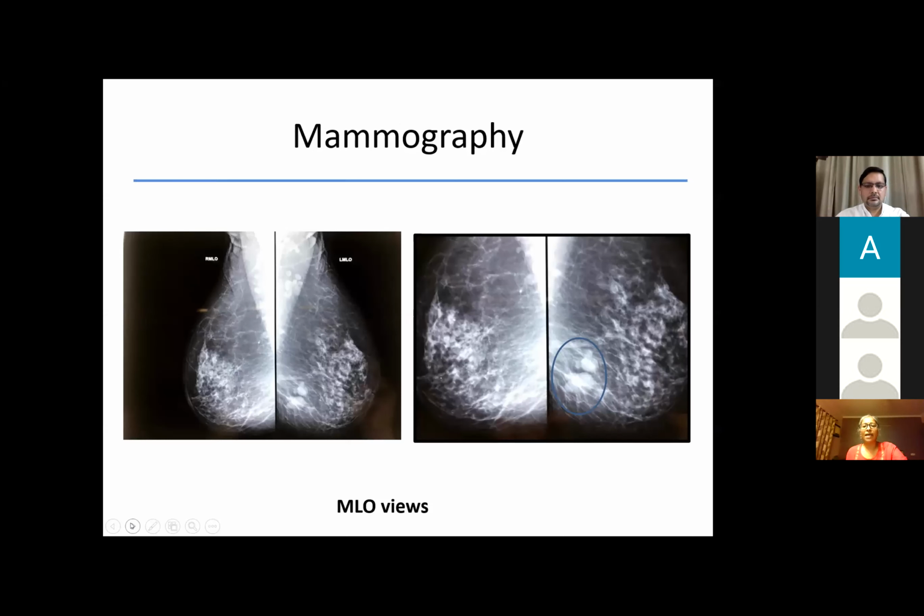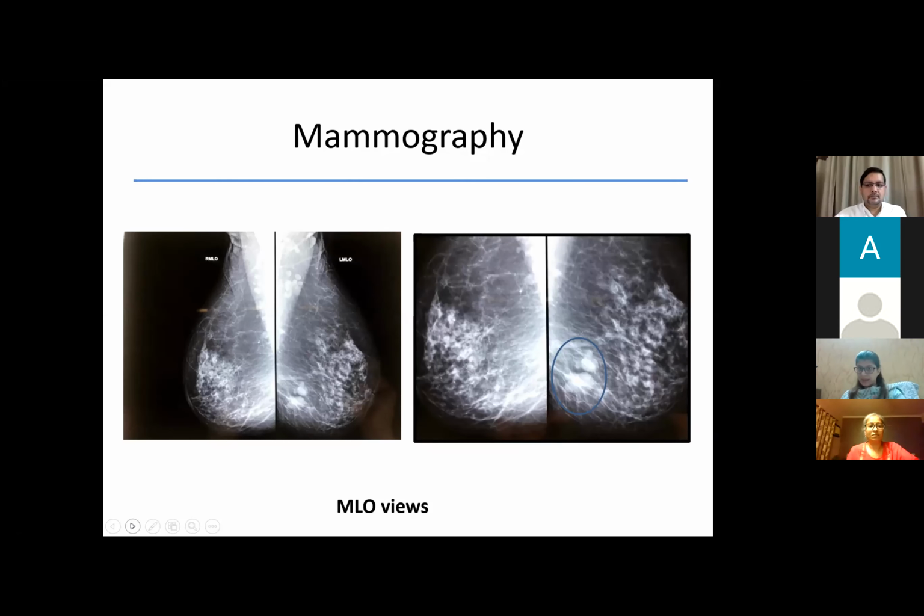Dr. Ritu, considering her clinical presentation and looking at the mammography, what will be your impression? So that's the digital mammography bilateral MLO view, and here we can see 2 irregular masses in the lower inner aspect of the left breast, but both of them have very well circumscribed margins.